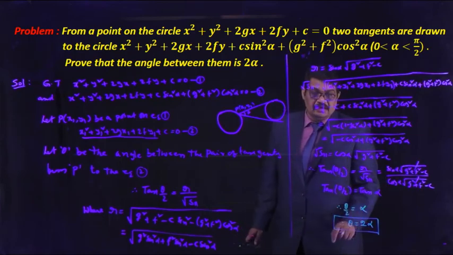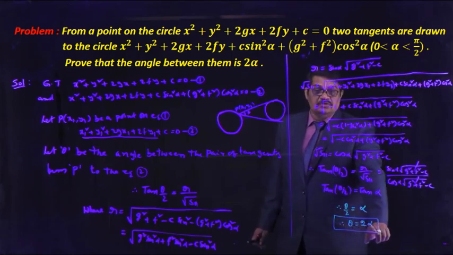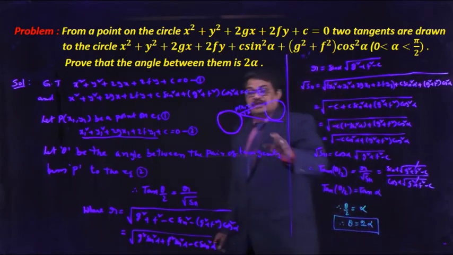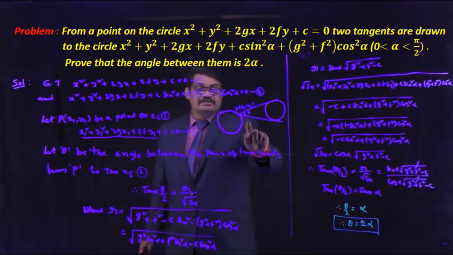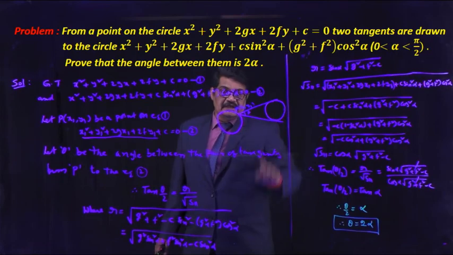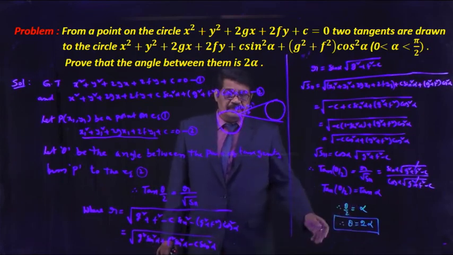From that theta by 2 is equal to alpha. From that theta is equal to 2 alpha. This is the angle between the pair of tangents from P of x1 y1 to the second circle. That theta is 2 alpha. That is our proving result.